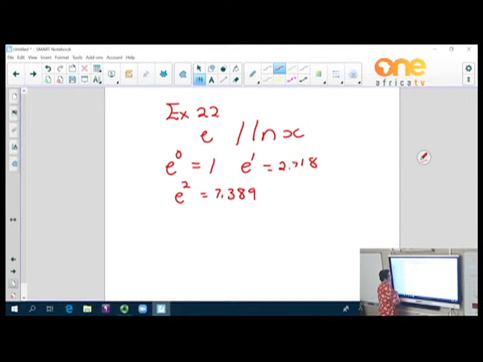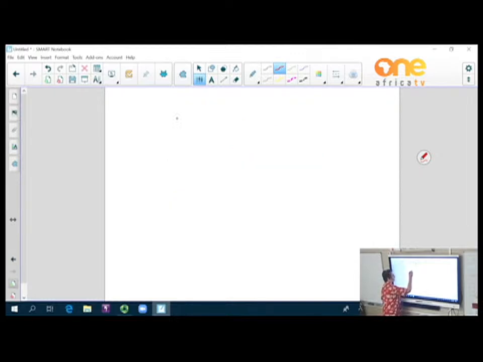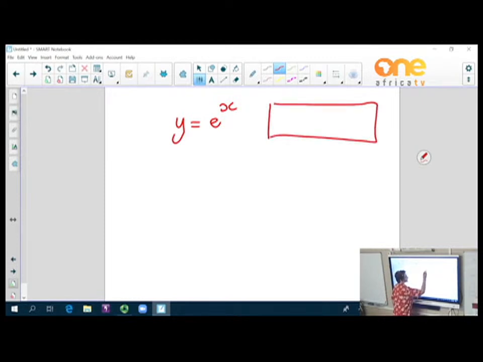Now, we're also going to deal with their graphs. y is equal to e to the power of x. And again, how will you draw the graph? Set a table, choose a scale. So x and y: anything to the power of 0 is 1, we said just now it's 2.7 something, and so you can complete a table.